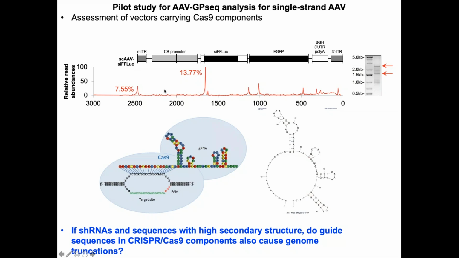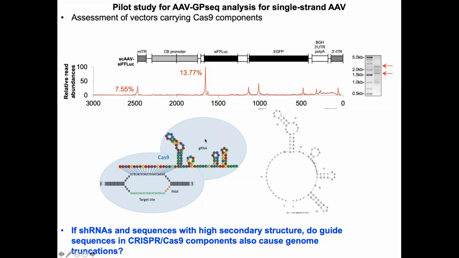And these sequencing tracks, where I'm showing you relative read abundance as a function of sequence length, really match with agarose gels. And so this is really showing the accuracy of this type of detection for looking at truncation events. But at the same time, in our lab, we were developing AAV vector strategies to deliver Cas9 components.